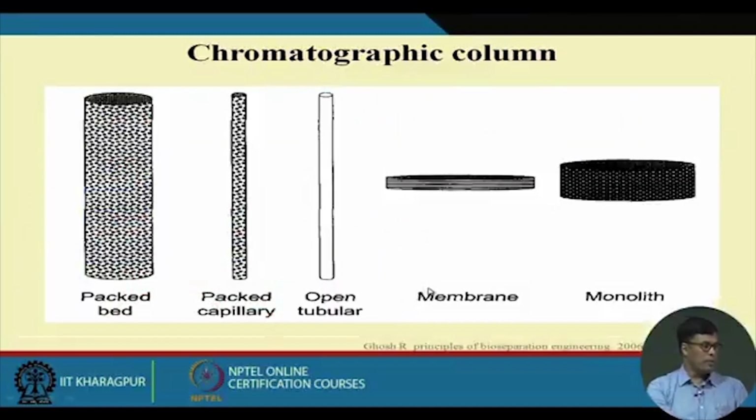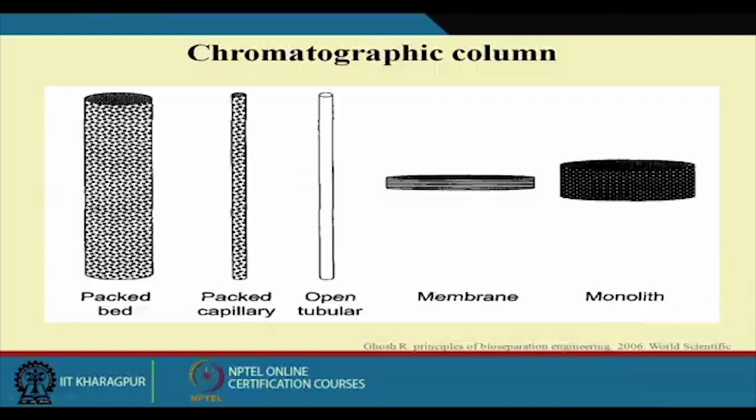Now, the characteristics of the materials are different. There are two types of column we mostly use: one is called the packed column and the other is the capillary column.